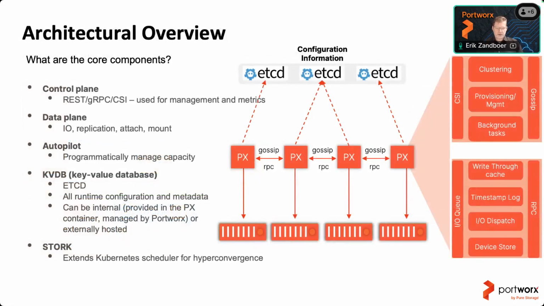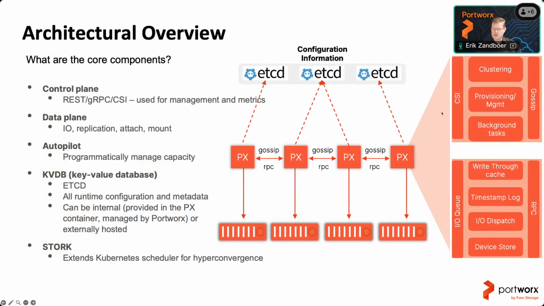So architecturally, Portworx nodes will talk among themselves using gossip, right? So they're all communicating. Usually in production, you have a separate NIC for this to enable the east-west traffic, because replication also needs to take place through that, of course. If you have multiple copies, that needs to traverse.